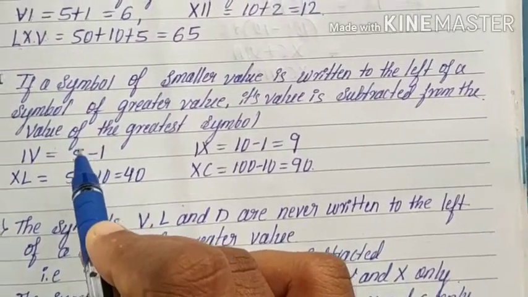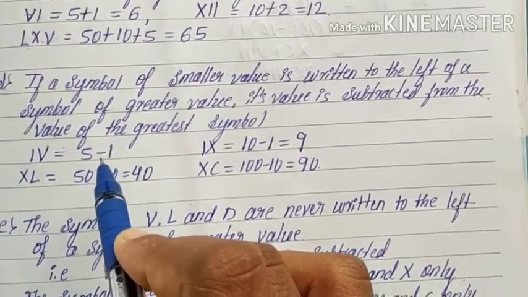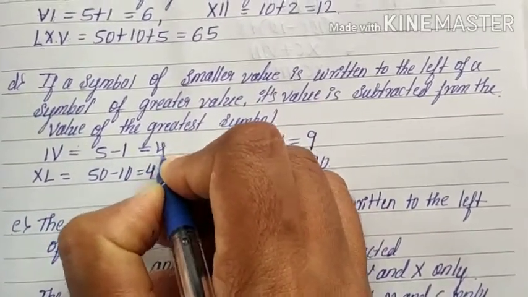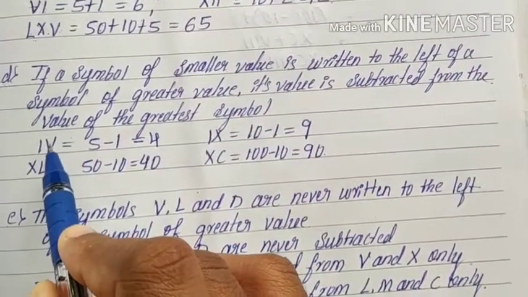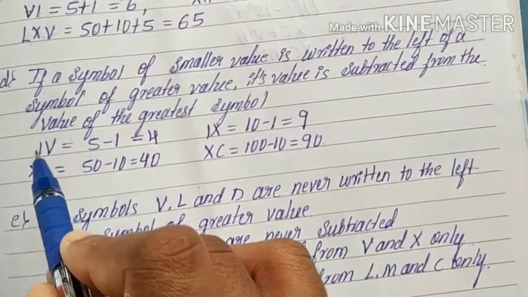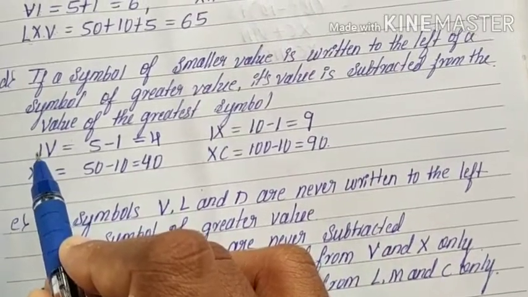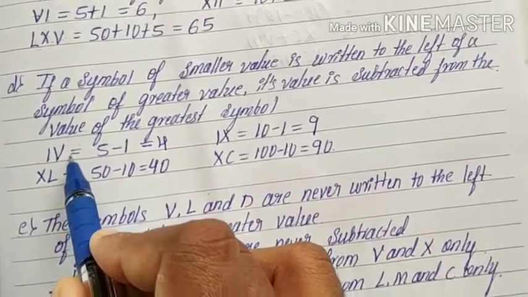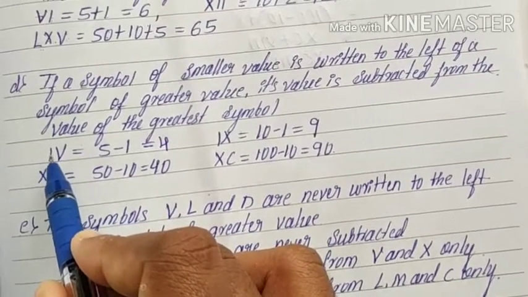We write 5. 5 minus 1 is 4, right? So we write 5, and to the left of 5 we write 1. So the smaller value is written to the left of the greater value.